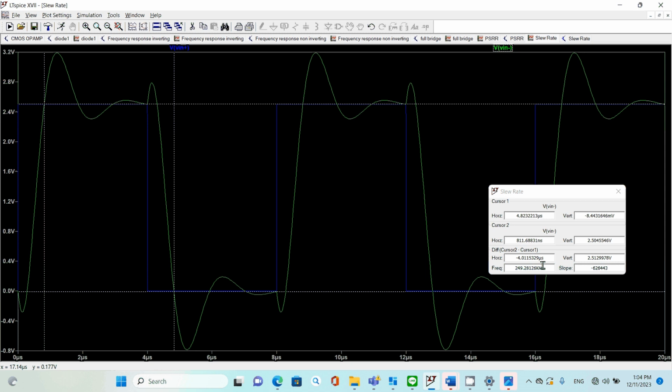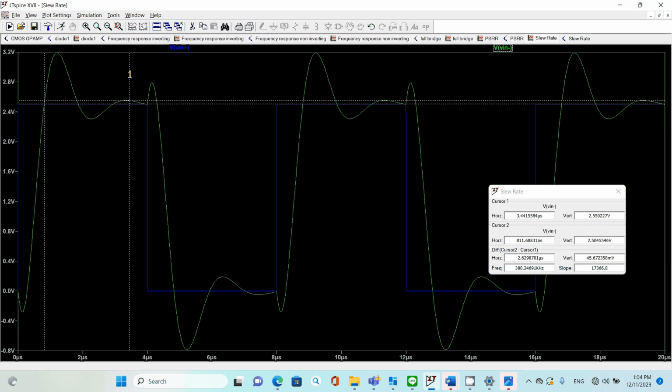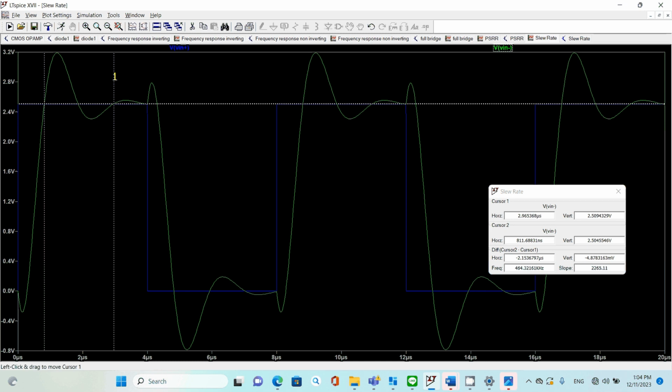Sometimes you are asked for settling time. Settling time means, like this one is still fluctuating, and when it's more stable, you can pick this one. So this is your settling time, starting from 0 until it's more stable. So about this one. You can look for the time by moving your cursor 1 or 2 to that point, and you can read.